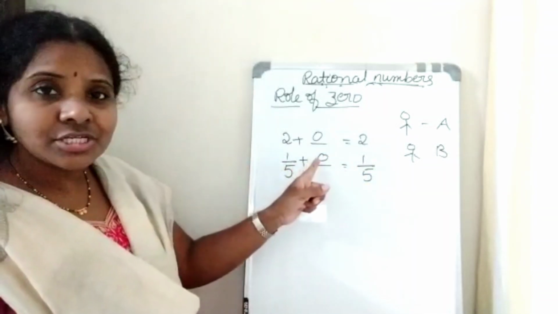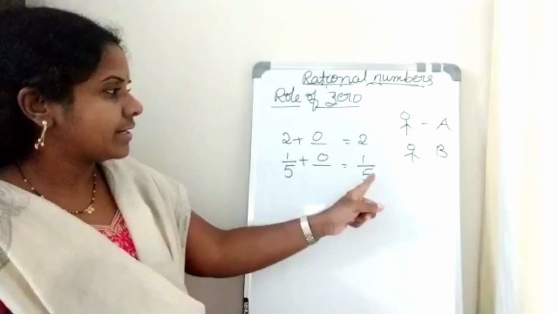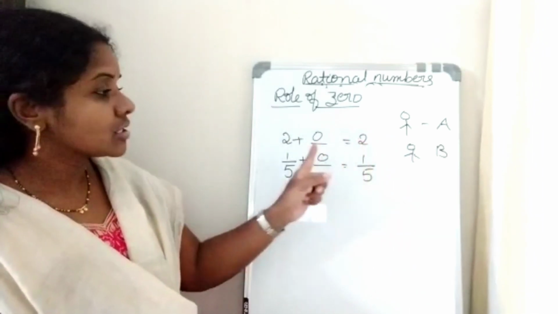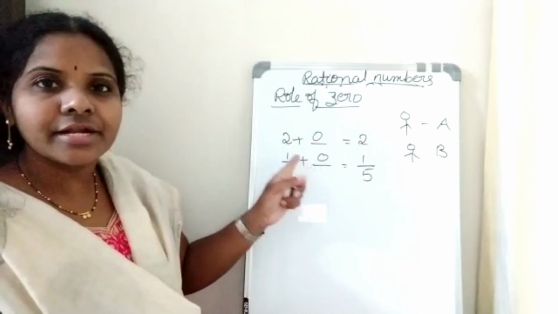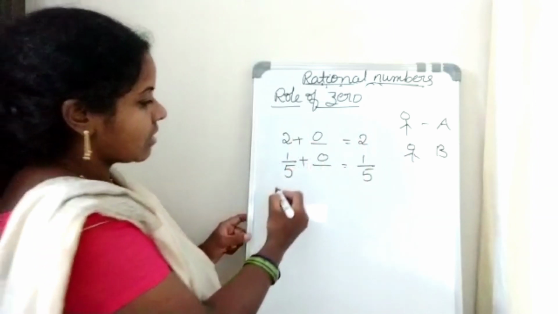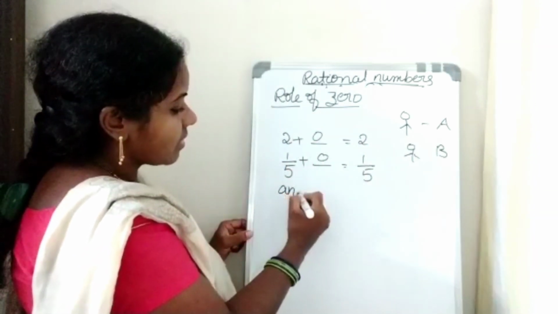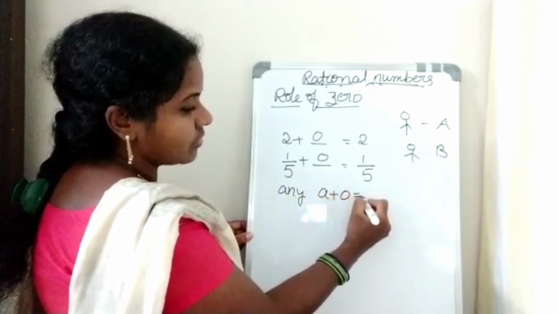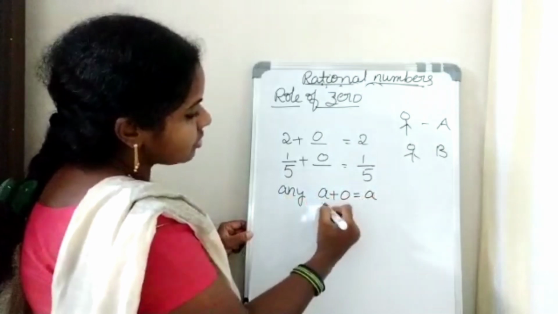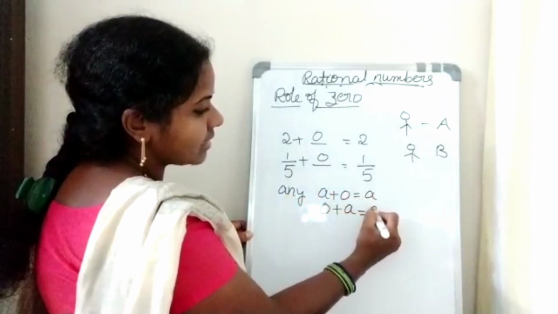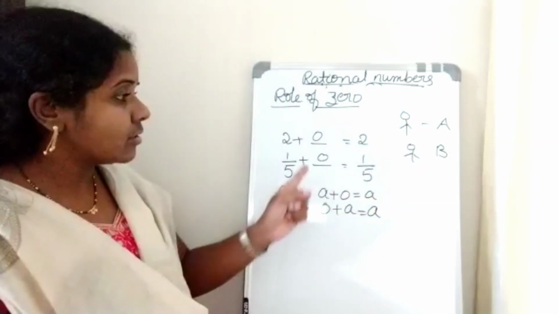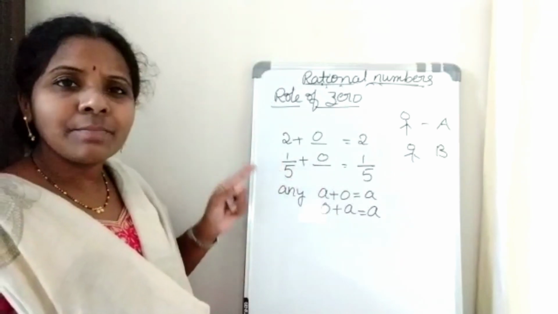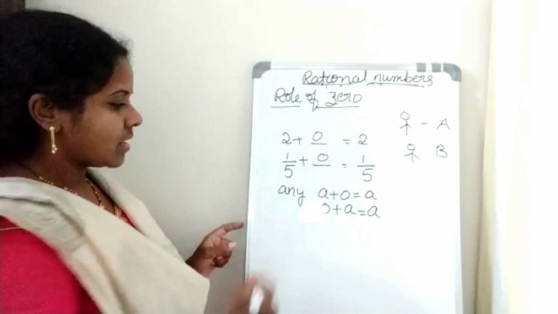So here 0 is called the additive identity, because the answer is not changing. For any rational number, a + 0 = a, and 0 + a = a. So what is the additive identity? 0.